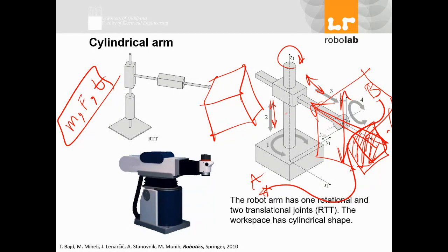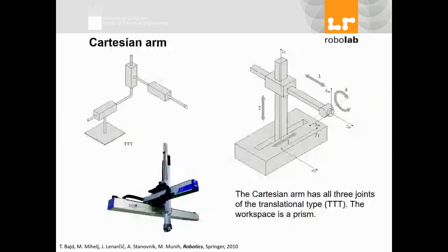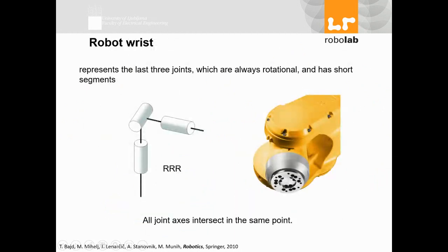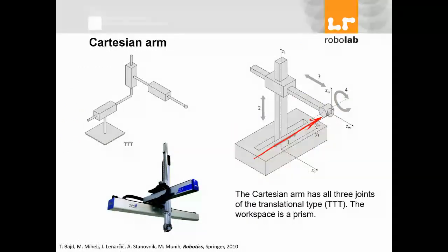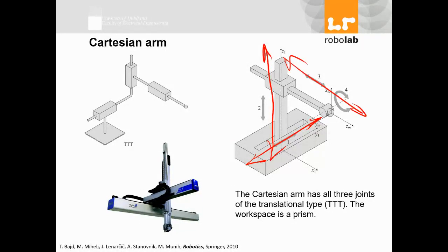All right. So let me see what I have, and the other one is Cartesian. In the Cartesian form, you have TTT, which means I have translational, move linear, and move linear, like what you see here. So you have linear movement. The Cartesian arm has all three joints of the translational type, called TTT.